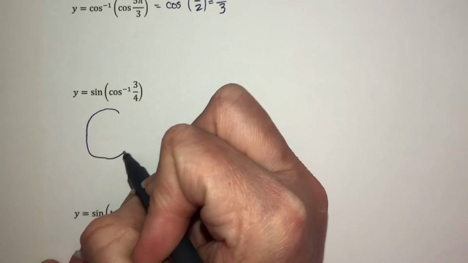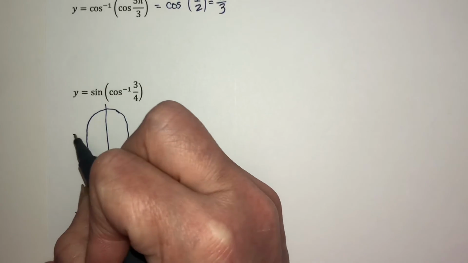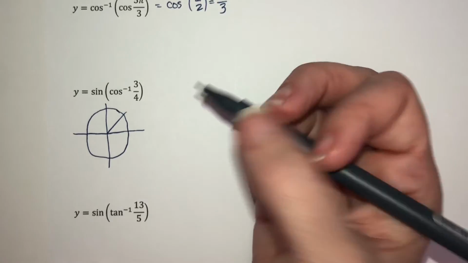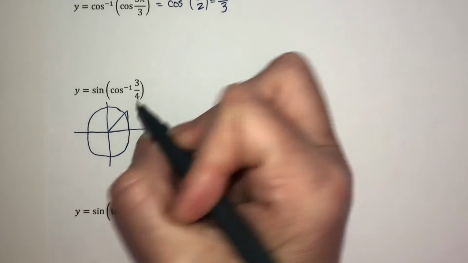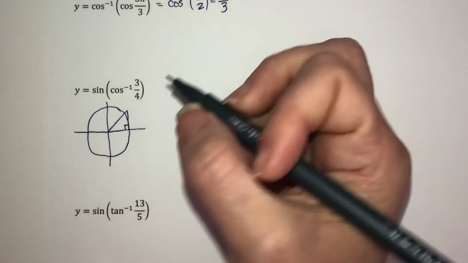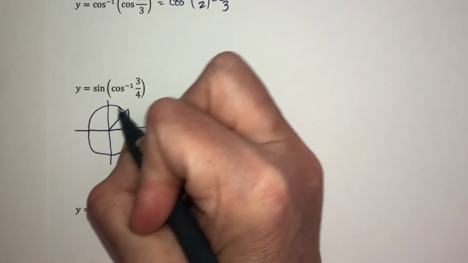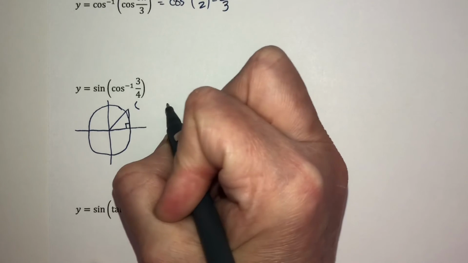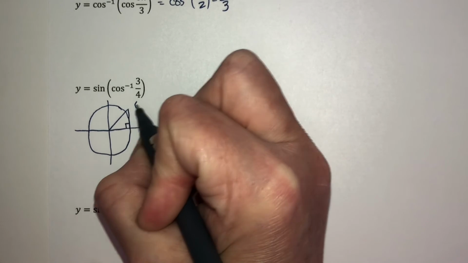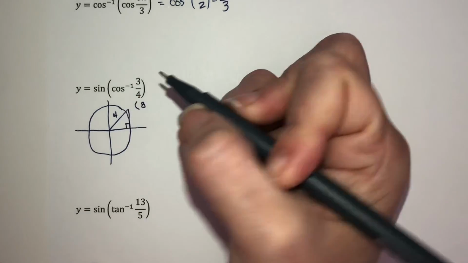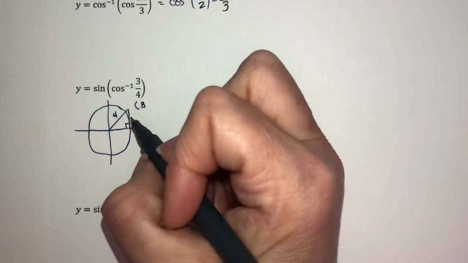So I have a circle, a very bad circle here. I have something like this, so I have a triangle here. I don't know that I'm on the unit circle, whatever. Now remember with cosine, you have x, y, and then this is your r. And for cosine, it's always your x over your r.